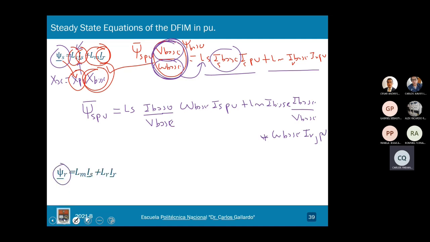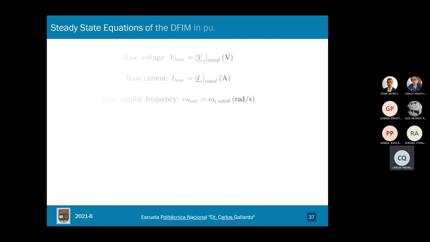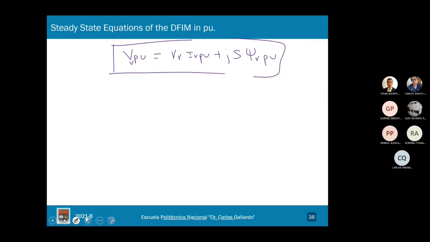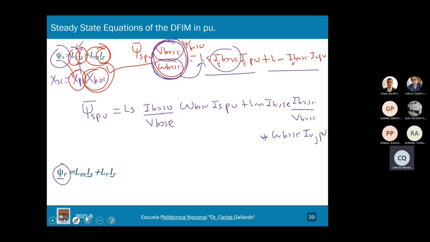So by definition, in our per unit system, the inductance base is equal to the flux over the current. So substituting here, I will get the per unit stator flux is equal to, this is the actual value, I will have here the base.